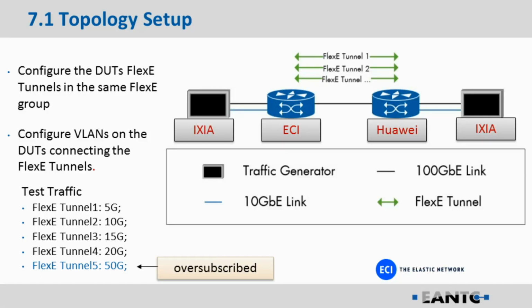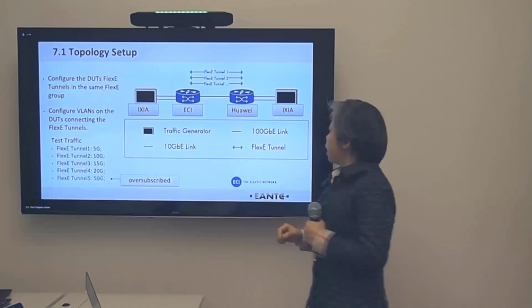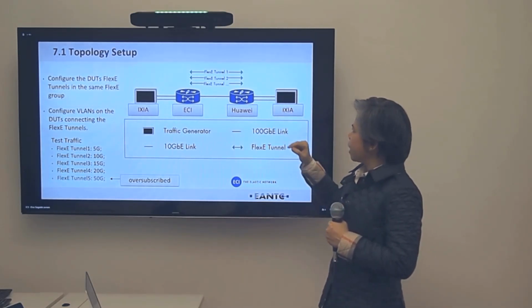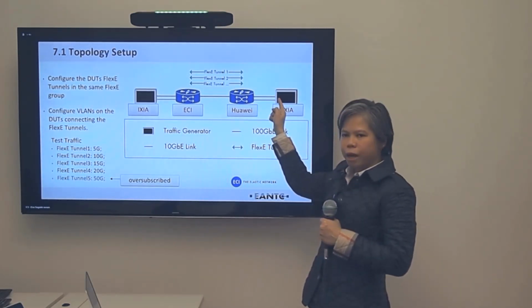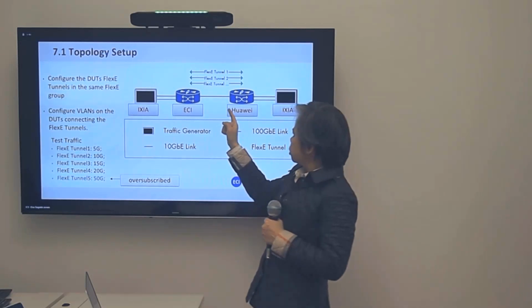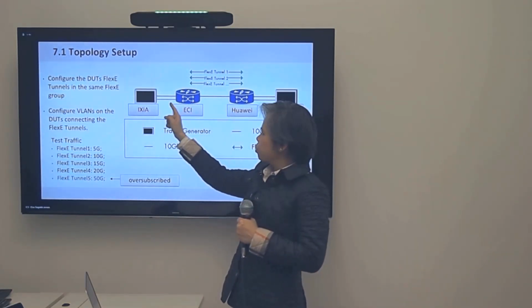Now we will talk about the topology setup. We connect ECI and Huawei with a 100 gig FlexE link between them. Between Huawei and Ixia is 100 gig, the black one, and between ECI and Ixia is also 100 gig.